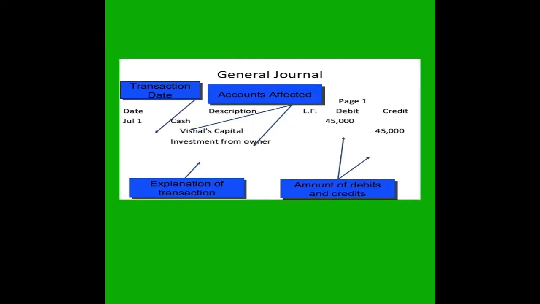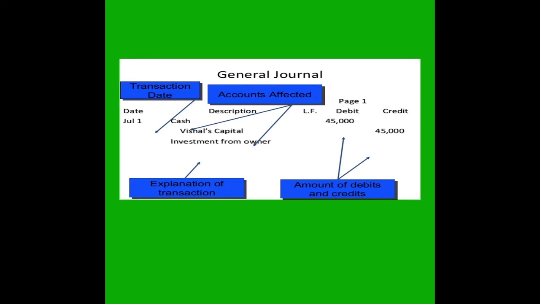The format of journal entry will be like this: we have to write the date, and we have to write accounts affected. At least 2 accounts should be there, because we are following the double entry system. For double entry, 1 debit and 1 credit must be there. Which account is to be debited and which to be credited depends upon the accounting rules.